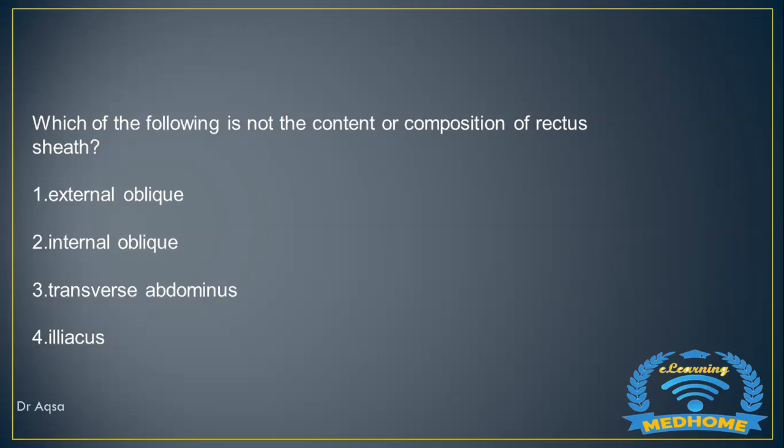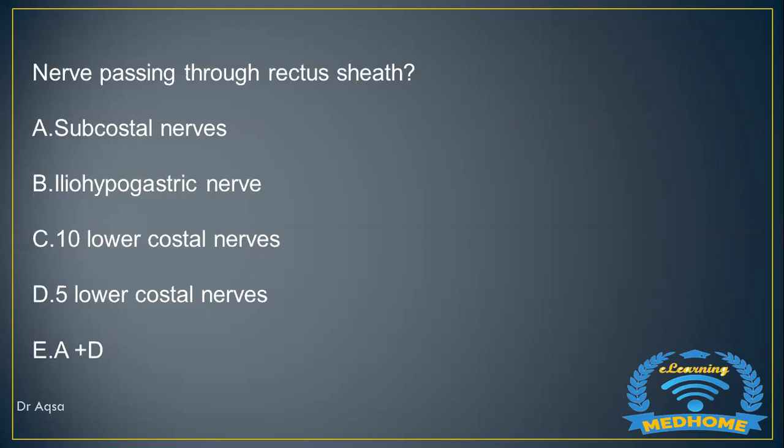So go for the next question also. Nerves passing through rectus sheath. A. Subcostal nerves. B. Ilio-hypogastric nerves. C. 10 lower costal nerves. D. 5 lower costal nerves.